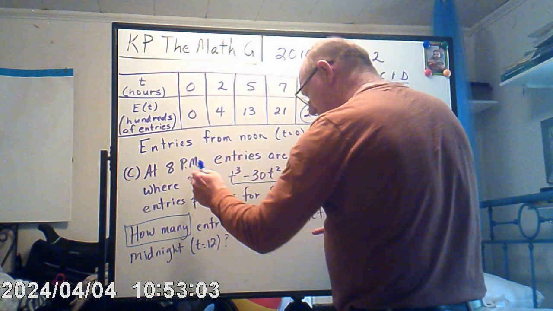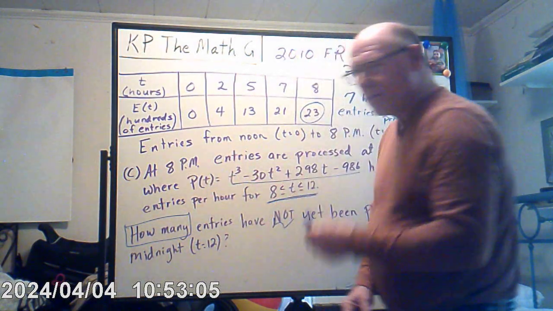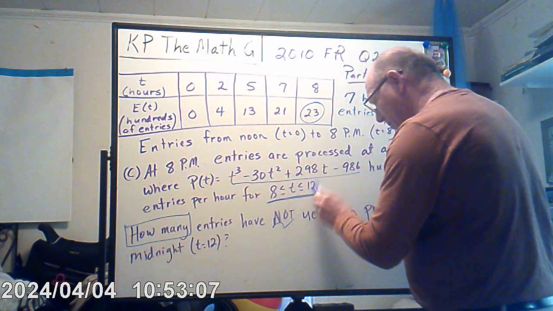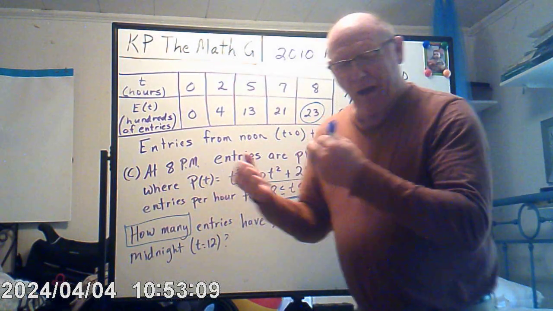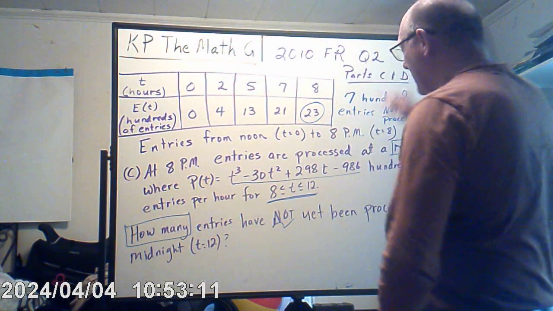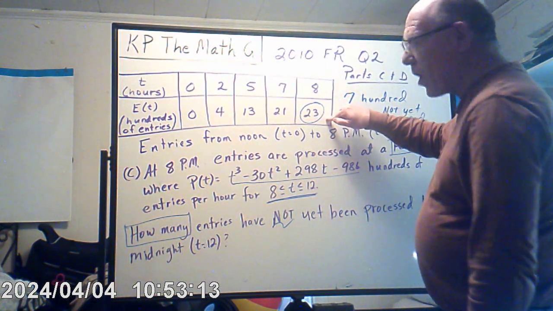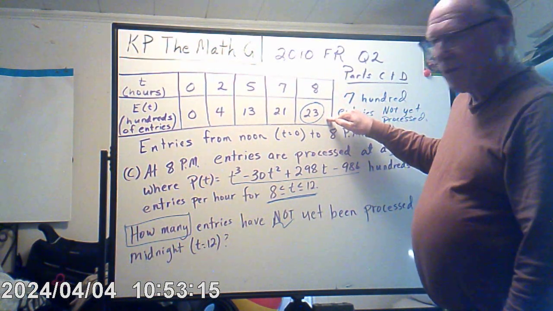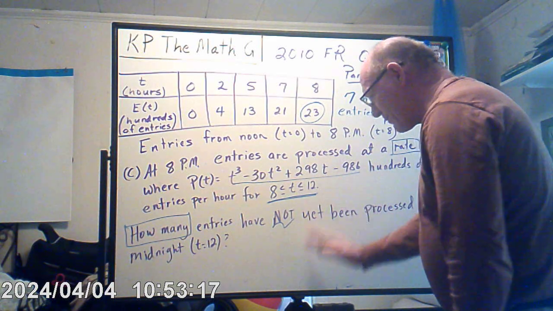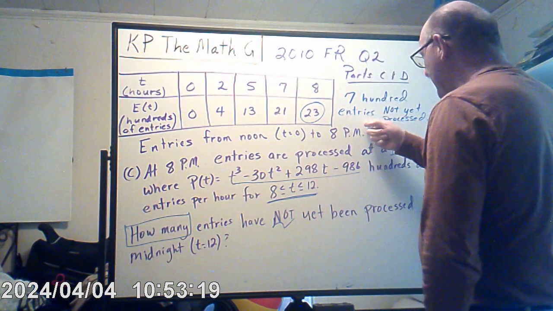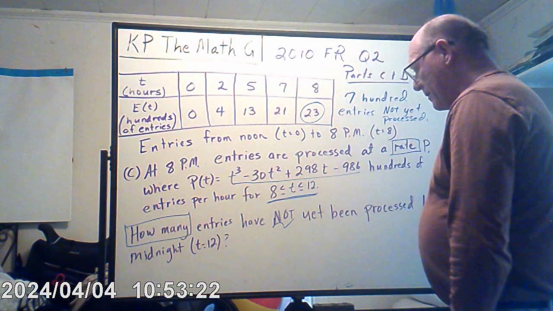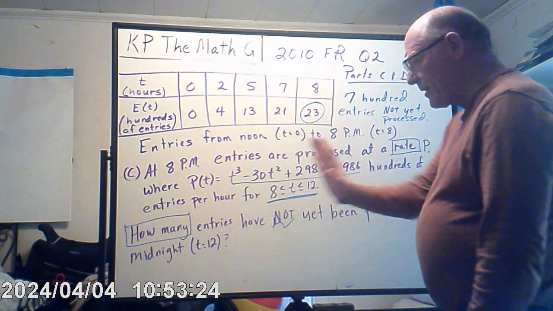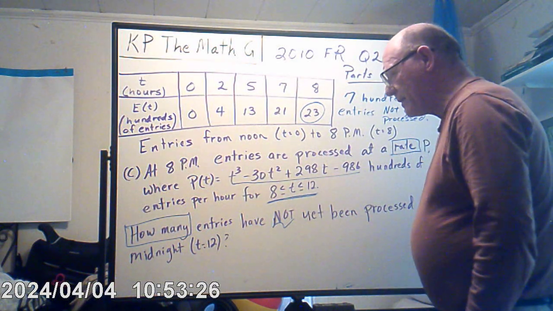Take the definite integral of that rate from 8 to 12. That's how many entries you have. Look up here and see how many you have in all. Subtract the 2, and you should have the final answer, which is 7 hundreds of entries. Alright, that should answer part C.